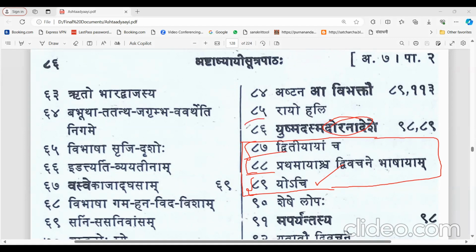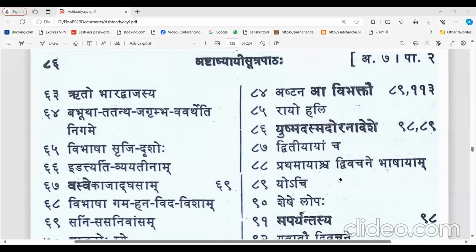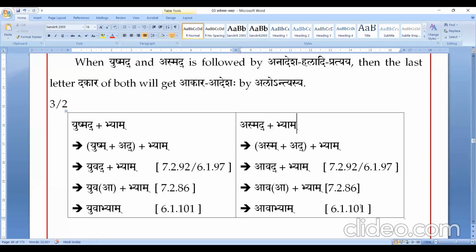So 86. Understand? Or I will have to write it as a summary. It's not all given. We need to understand from the sutra. Otherwise, why Dvitiyayam cha? Is it clear? Okay, let me write here.